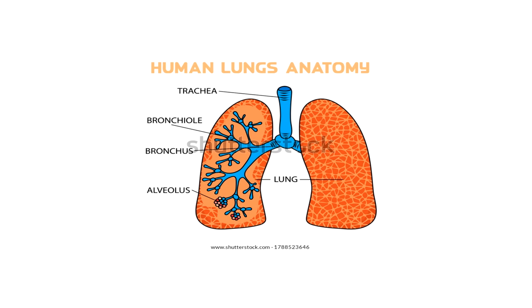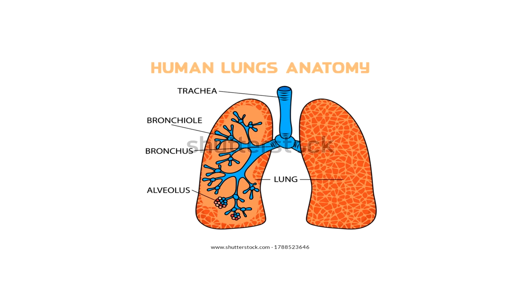These lungs are spongy bodies made up of small sacs called alveoli or alveolus. Air is supplied to the alveoli by small tubes called bronchioles.